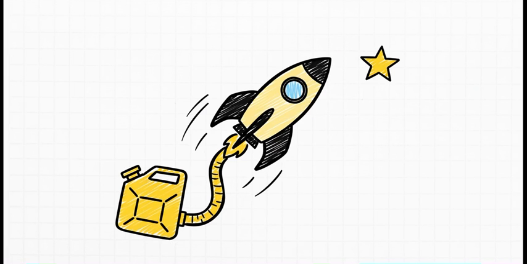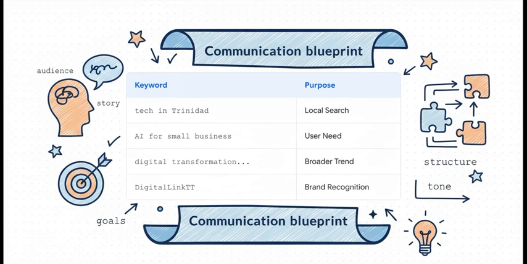But look, having a great story is like building a super fast rocket. It's pretty pointless if you don't have the fuel to get it off the ground, right? So how does the blueprint make sure the right people actually find this message? Well, it builds the fuel right in. So the key takeaway here is that these keywords are not just some random buzzwords they're tossing around. No way.